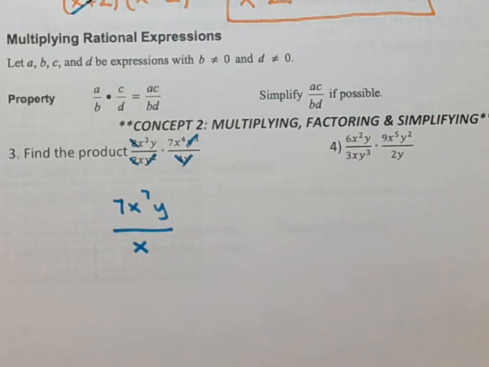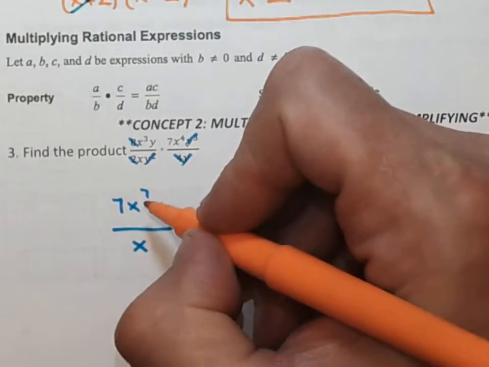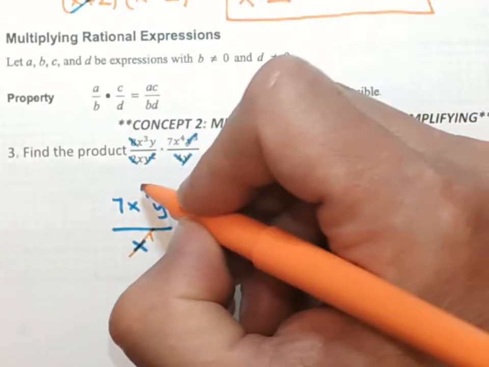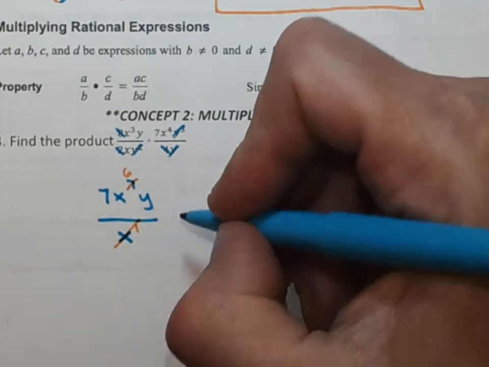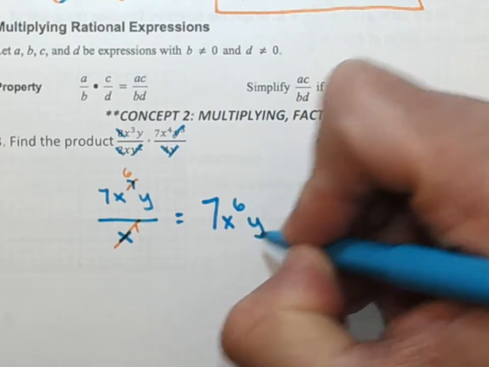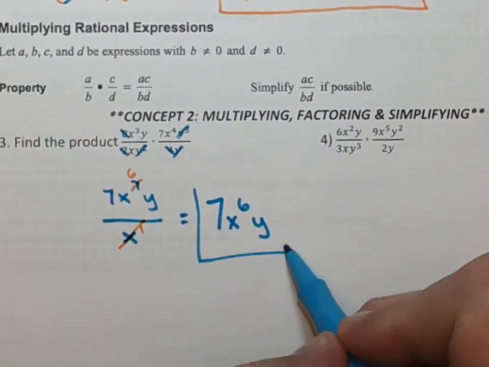And now when I have like bases, I subtract the exponents. So 7 minus 1 is 6, and that will cancel that out and that out, make that 6. And now I have my answer, 7x to the 6th power y. And that's it.